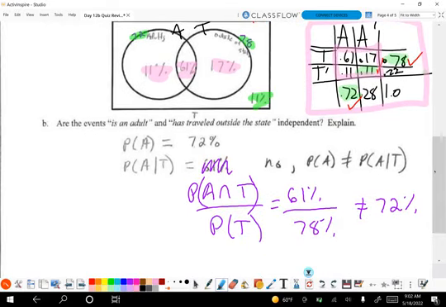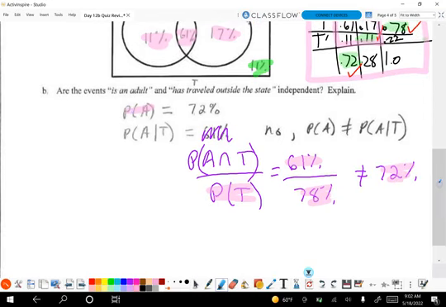Are the events, is an adult, and has traveled outside the United States independent? Well, using our table, we found that the intersection between adult and traveled outside the United States is 61%. The probability of having traveled outside the United States is 0.78. So the conditional, using our new definition of the intersection over the second event, is not equal to the probability of being an adult.